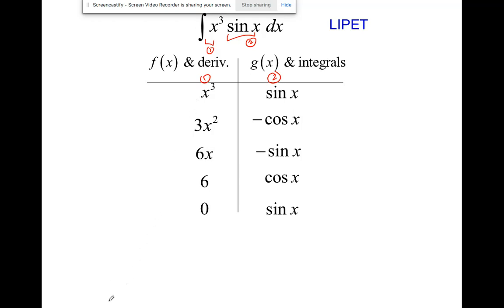Put a plus sign next to x cubed, and then alternate your signs going down the left column. You are not going to use the last entry in the derivative column or the first entry in the integral column. Now start top left and make products diagonally through.